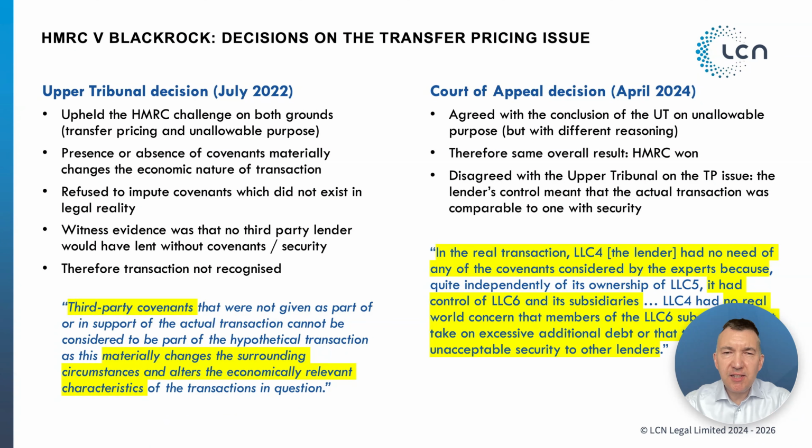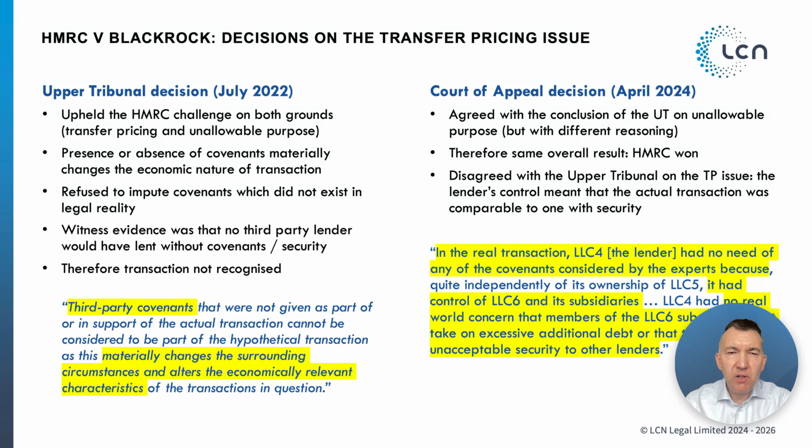Let's look at the two major decisions. So we have the upper tribunal decision in 2022, followed by the Court of Appeal decision in 2024. On the left-hand side, the upper tribunal decision upheld the HMRC challenge on both grounds, so the transfer pricing grounds and the unallowable purpose ground.